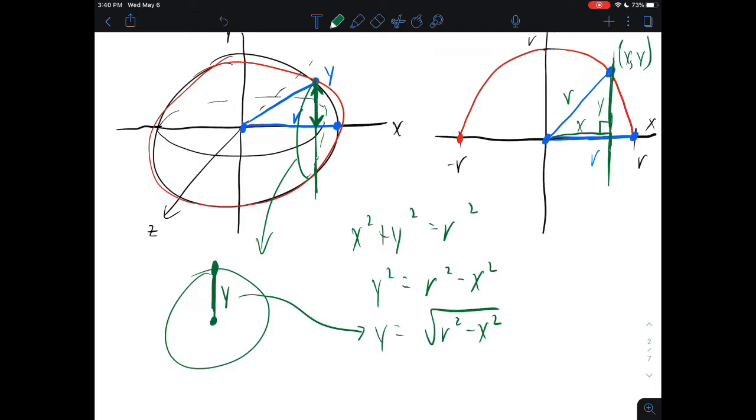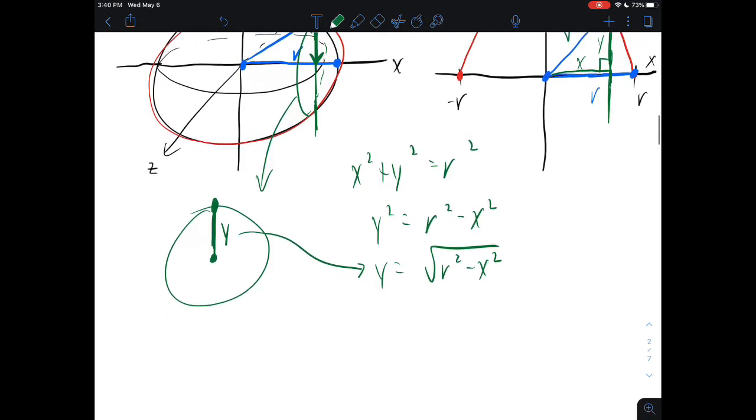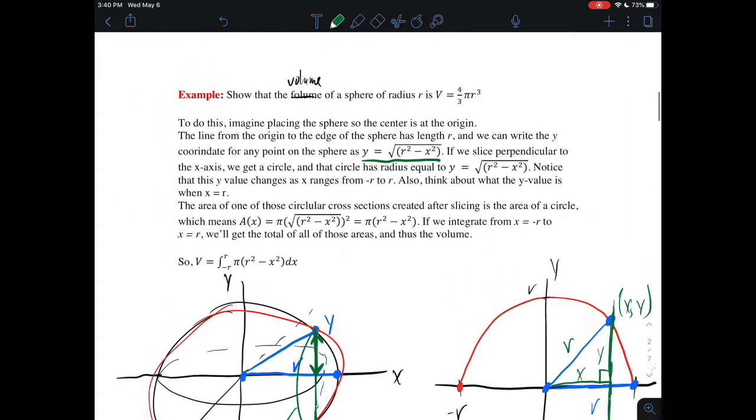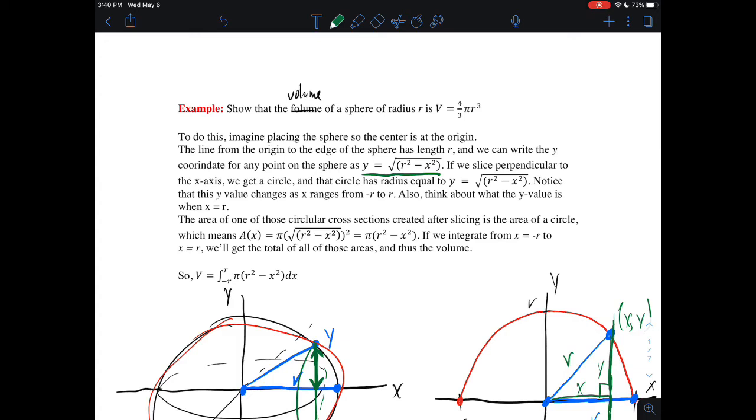And on a sphere, that would be a circle. So now, when we slice perpendicular to the x-axis, we get a circle. And that circle has radius equal to y, equal to square root of r squared minus x squared. Notice that this y value changes as x ranges from negative r to r.